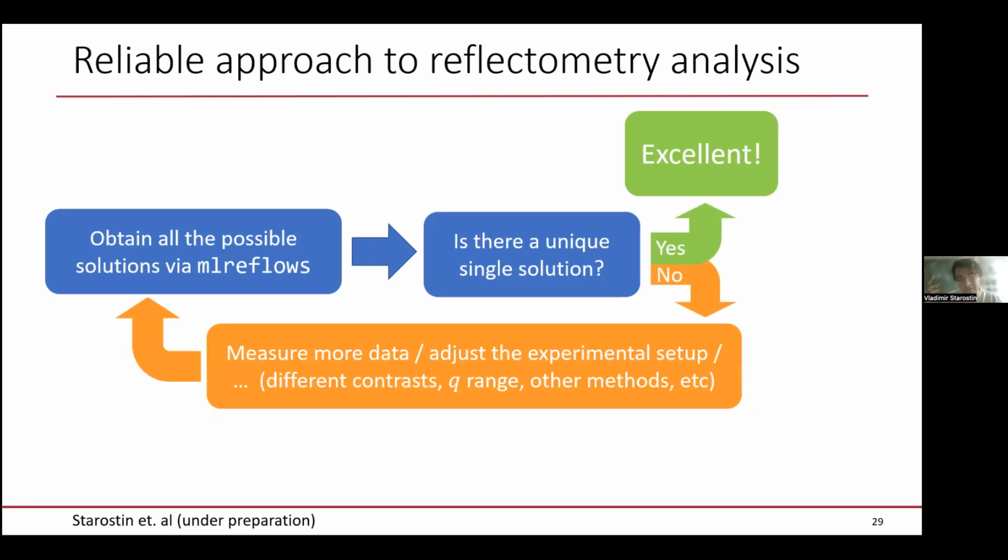But if it's no, if there are multiple solutions, then we can use different experimental techniques. We can measure more data, of course. We can use different contrasts. We know how to do that. We can use co-refinement, and I didn't say about that, but we actually can do co-refinement with normalizing flows. And we can do that until we have a single unique solution.